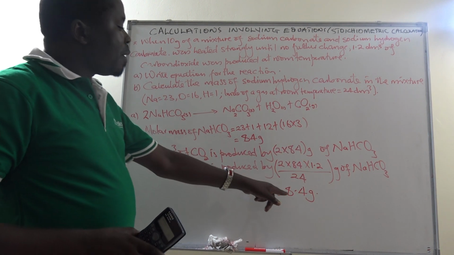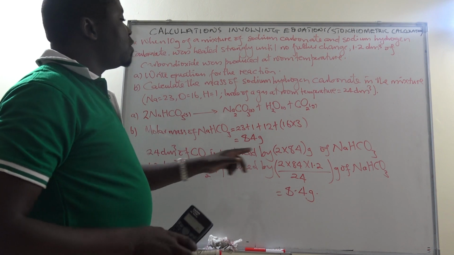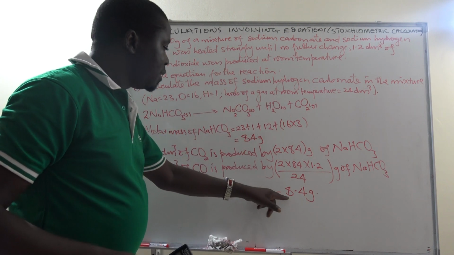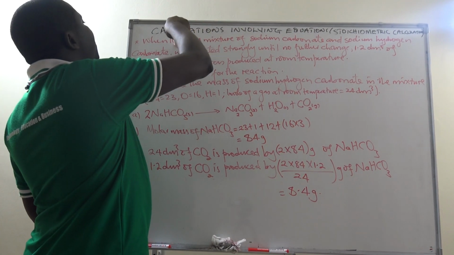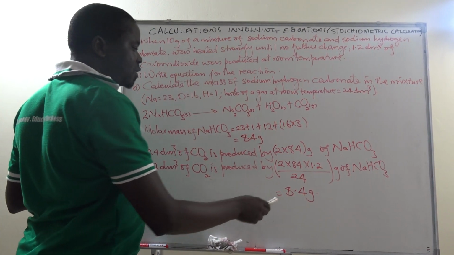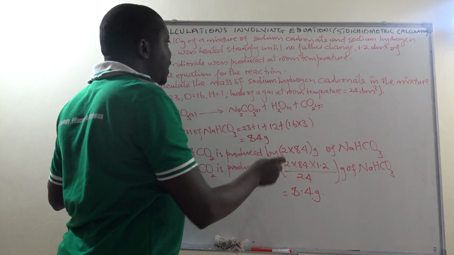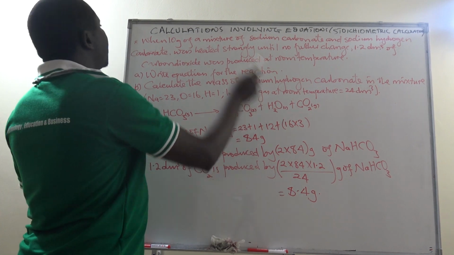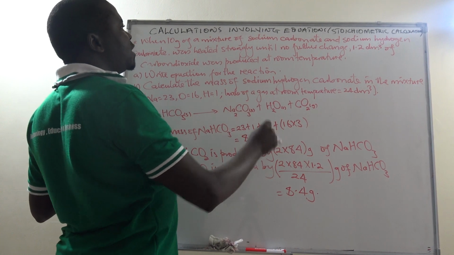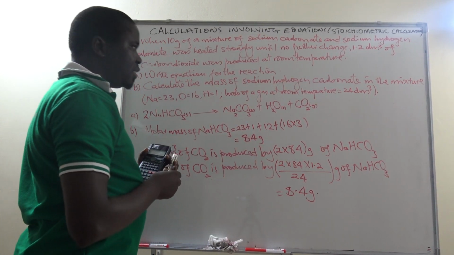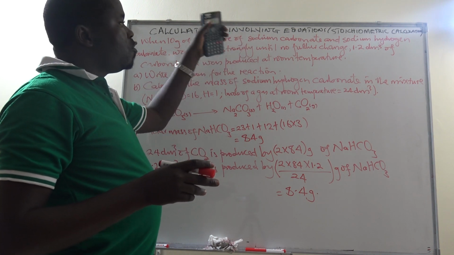Meaning that if we were asked to get the percentage of sodium hydrogen carbonate, not only the mass, in this mixture, it would be this mass of sodium hydrogen carbonate out of the total mass of the mixture times 100. And for the mass of sodium carbonate, we will subtract this 8.4 from 10, and out of the total mass, which is 10 times 100, we get the percentage of sodium carbonate in this mixture.